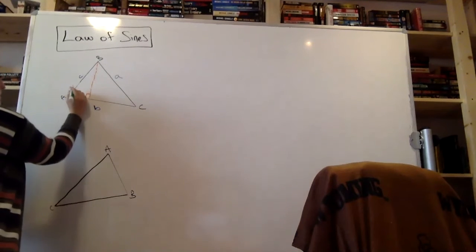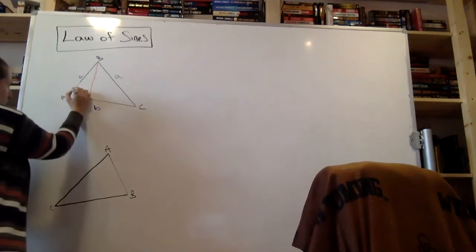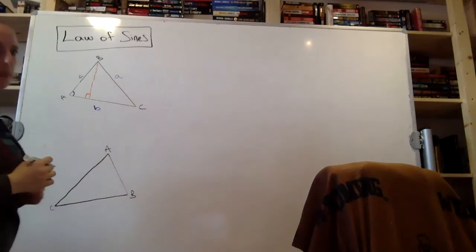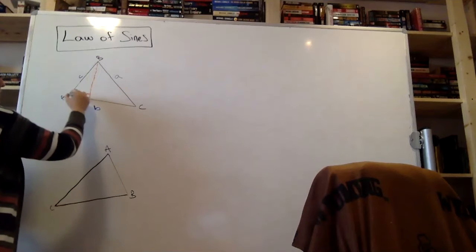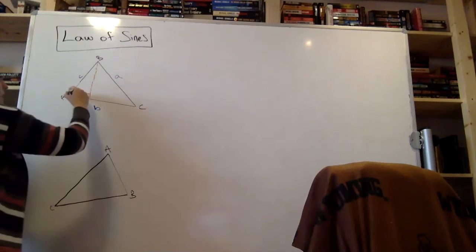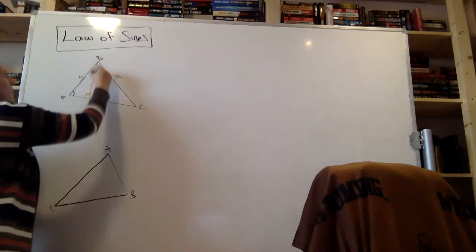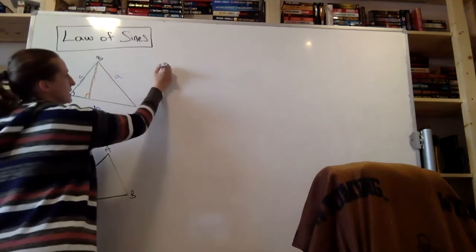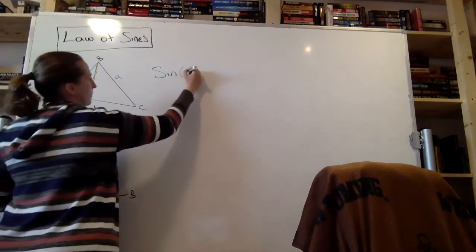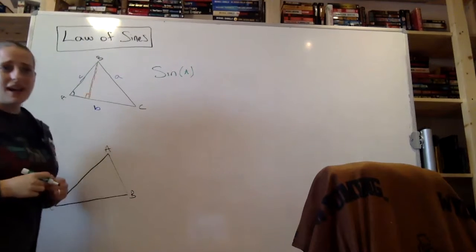So let's focus for a minute on angle A. When we're looking at angle A and trying to do some right triangle trig, we're going to focus on this small triangle here. Okay. So we're looking at this little triangle right here. It's a right triangle, which means we can say something about sine of angle A. We know that sine is what?